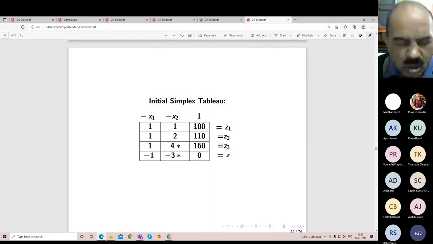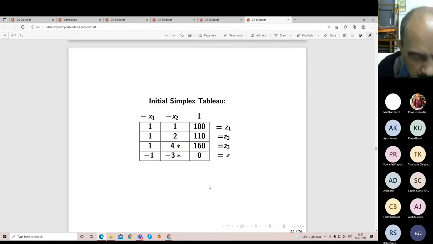So you have to do some extra computation, and we are trying to avoid such computation. That is the reason I am using a condensed table, not the extended table. In some cases, we will also use the extended table, and there you will realize the difference. Okay, so this is the first table.